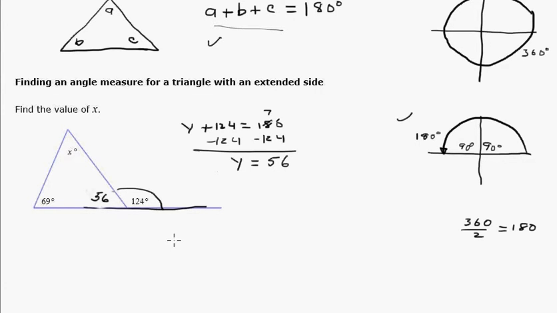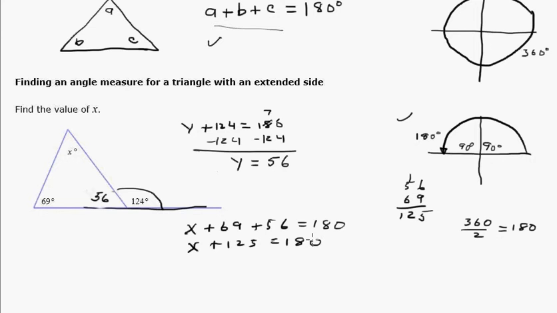Okay? So now we know that the sum, we use this part now, the top part. We know that x plus 69 plus 56 equals 180. Okay, so let's see, 56 and 69. 6 plus 9 is 15, so 125. I get 125, so x plus 125 equals 180.